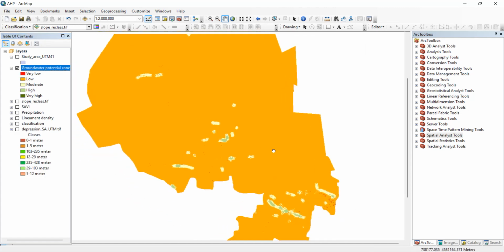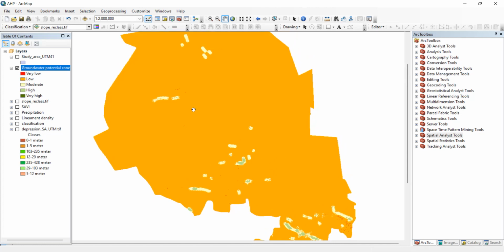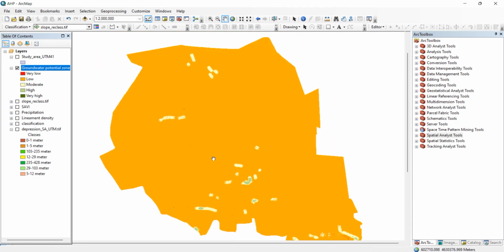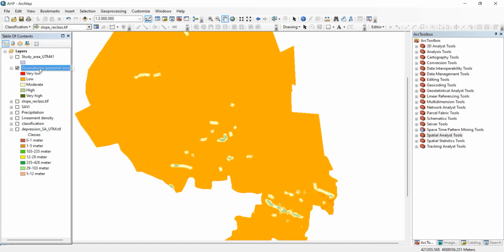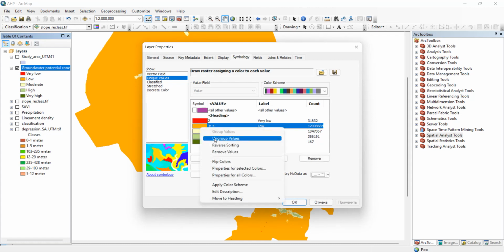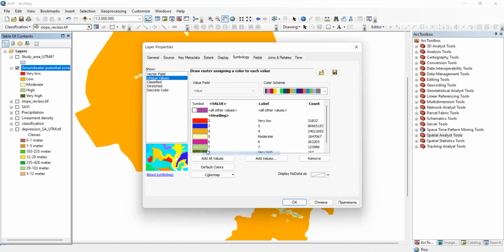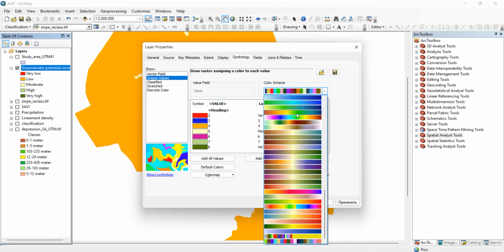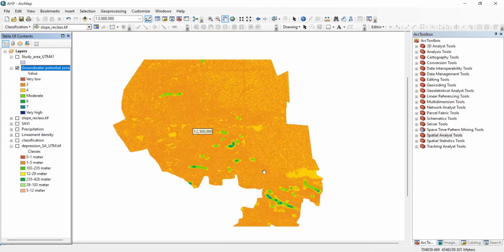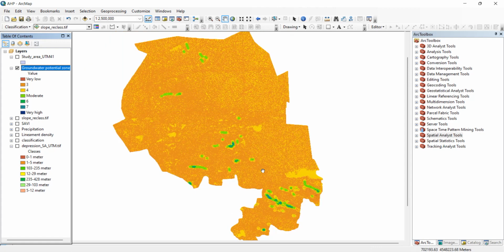Well, our map significantly changed. Most of the areas are low, some of the areas are moderate, some very small areas are very high, but also very small areas are very low. Probably we can also leave the initial classes.